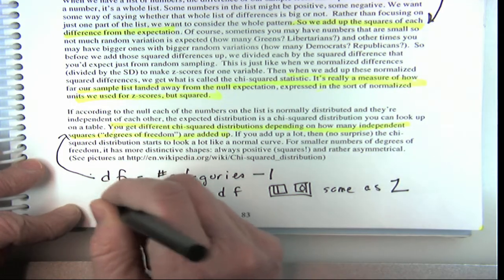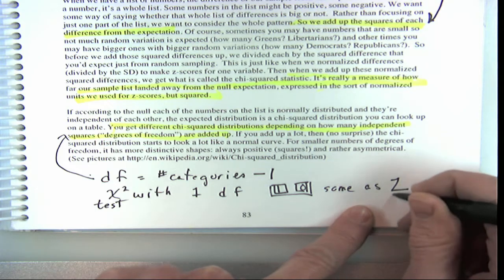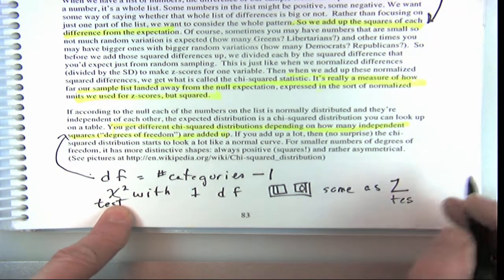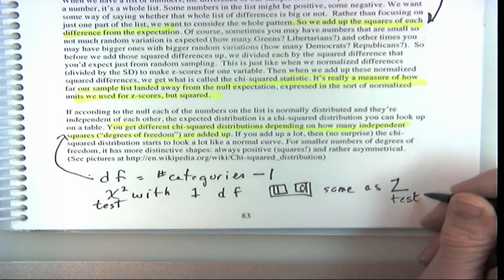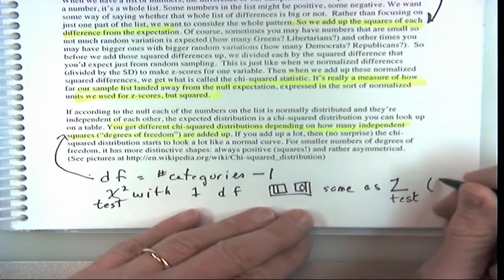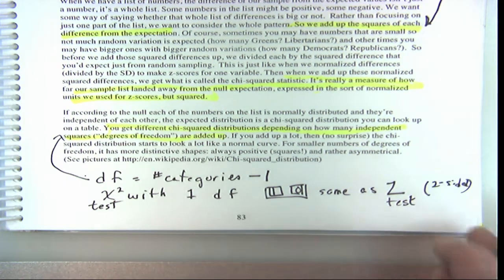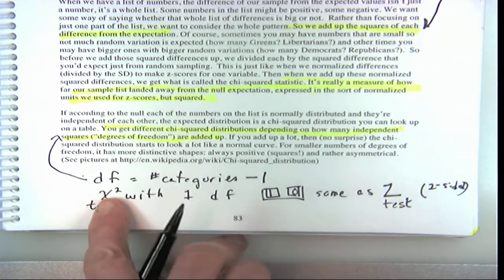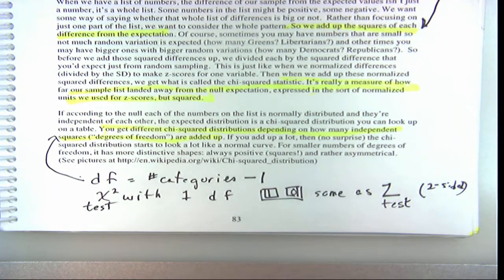A chi-square test with 1 degree of freedom is the same as a 1-sample z test. But it's going to be two-sided because we can't distinguish between positive and negative, so it's the same as a two-tailed test. You'll get the same p-value, and your actual statistic would be just z squared. You can test that out if you want.